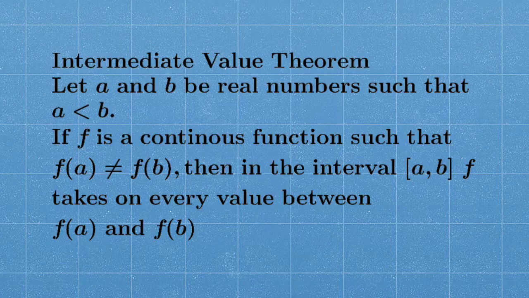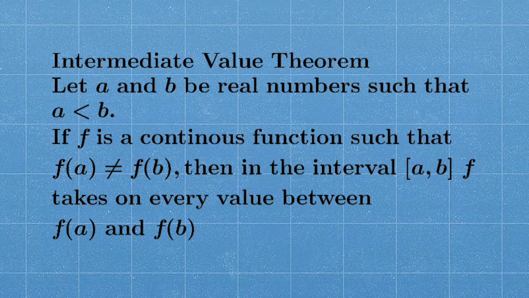More formally, and this is the precise mathematical definition, if you have two x values, a and b, such that a is less than b, if the function is continuous and the points at the end are not equal, that's kind of an important part, then in the interval f takes on every value between f of a and f of b.